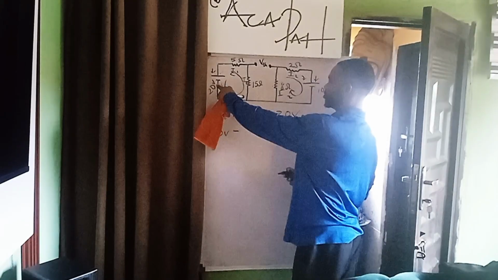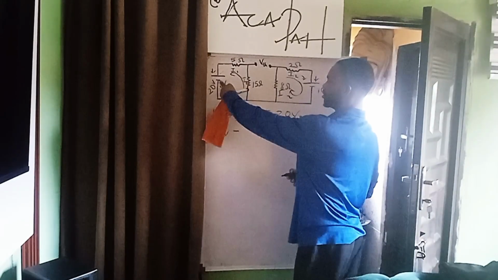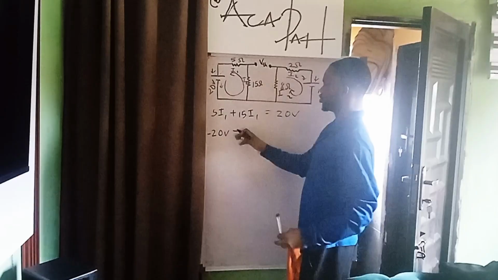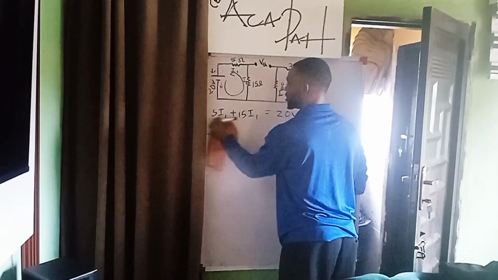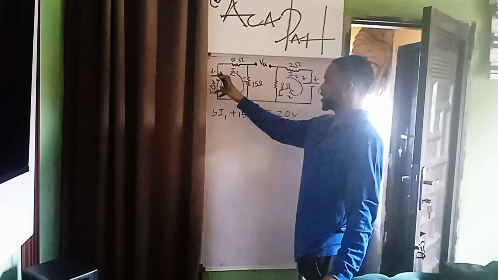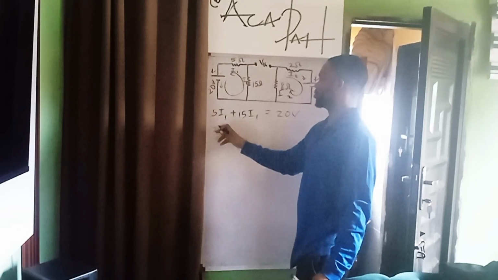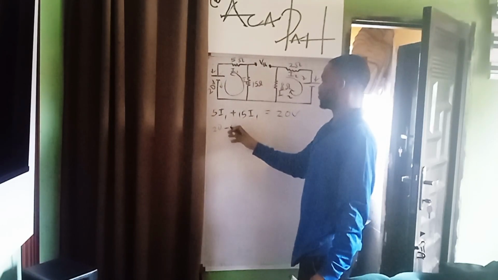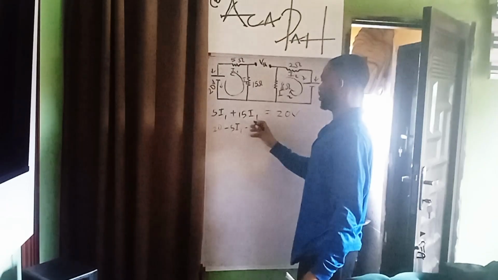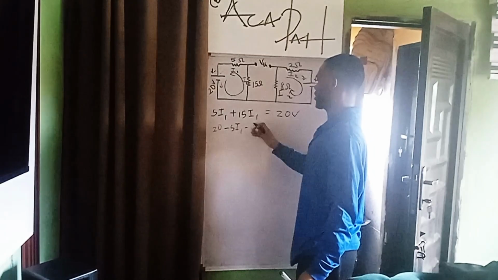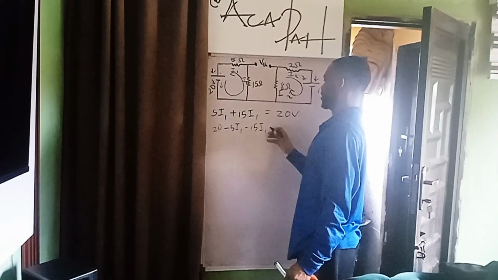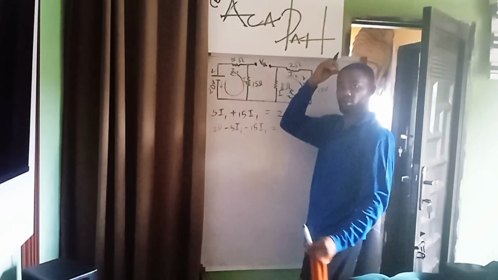Then as it's moving this way from the outside, this one will turn positive. Or if you want to make it positive, starting from positive, the 20 becomes positive, minus 5I1 minus 15I1 equals 0. Whichever way you want to do it.